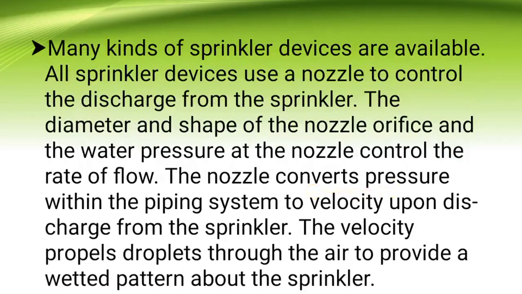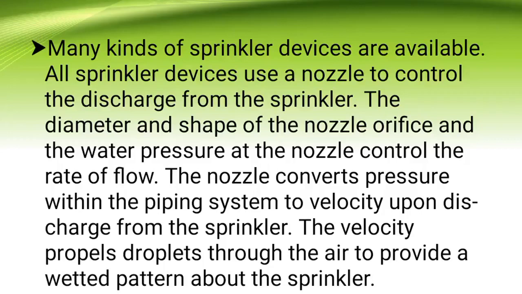Many kinds of sprinkler devices are available. All sprinkler devices use a nozzle to control the discharge from the sprinkler. The diameter and shape of the nozzle orifice and the water pressure at the nozzle control the rate of flow. The nozzle converts pressure within the piping system to velocity upon discharge from the sprinkler.